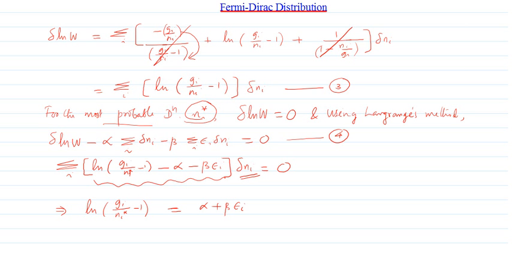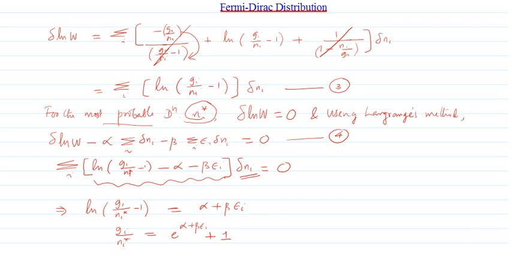Or I can get rid of the logarithm, that is gi by ni star minus 1 will be equal to e raised to alpha plus beta ei, or gi by ni star will be equal to e raised to alpha plus beta ei, and the minus 1 on going to the other side becomes plus 1, right?